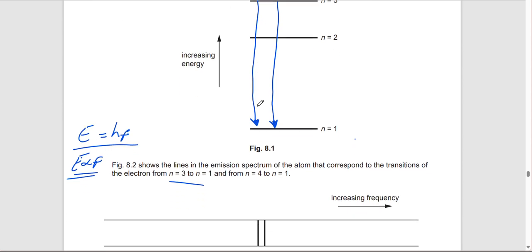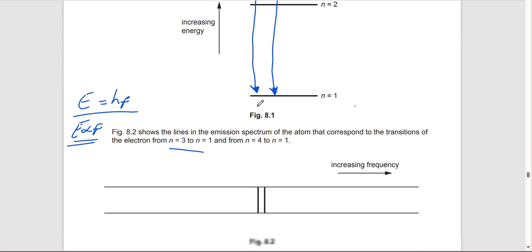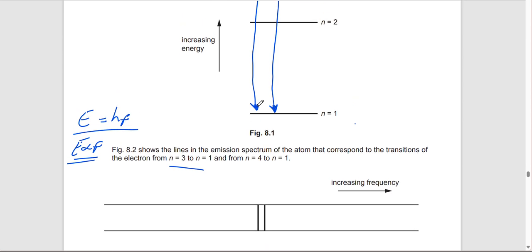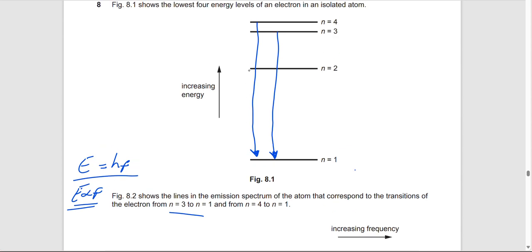If you look at the increasing frequencies for the light emission spectrum, the transition from n equal to 4 to n equal to 1 is going to have a greater frequency than the transition from n equal to 3 to n equal to 1.